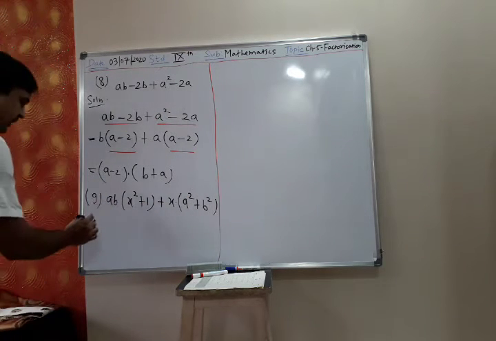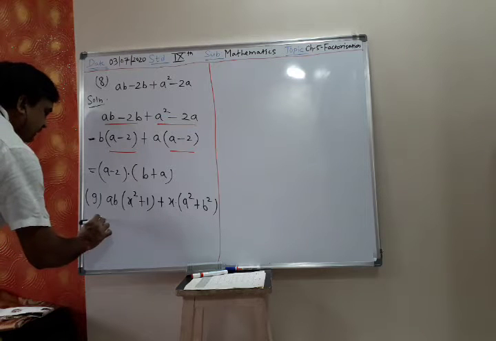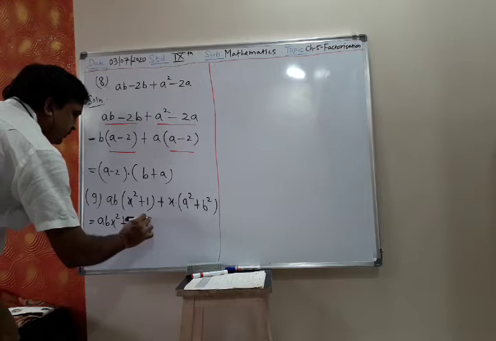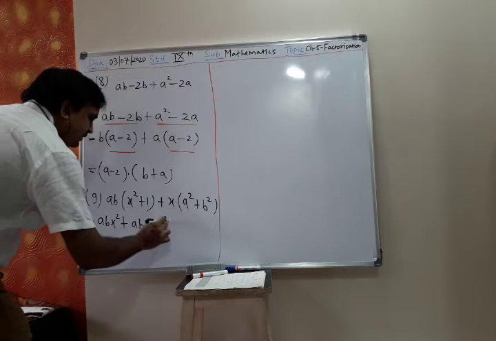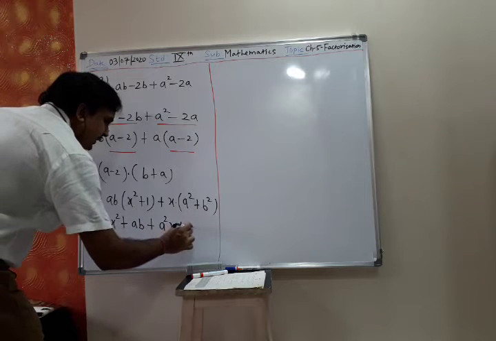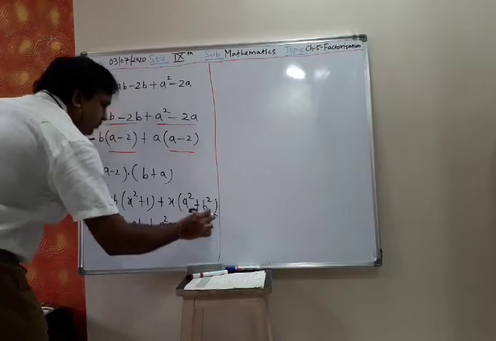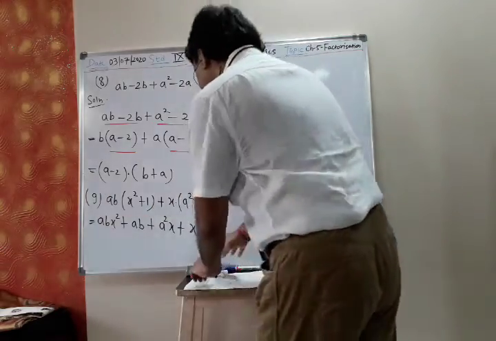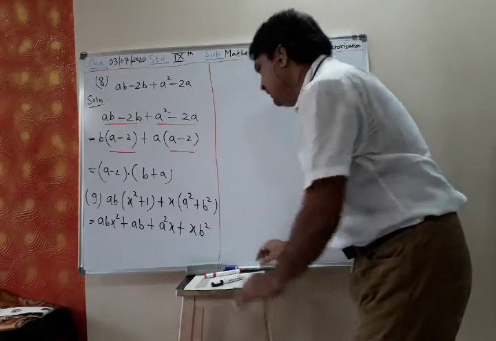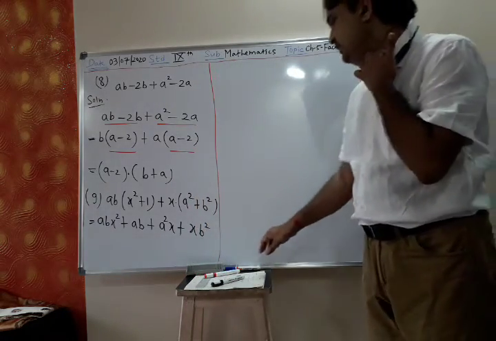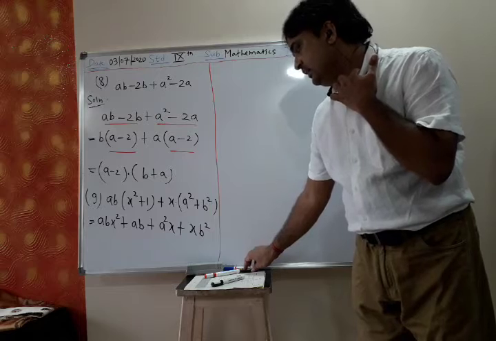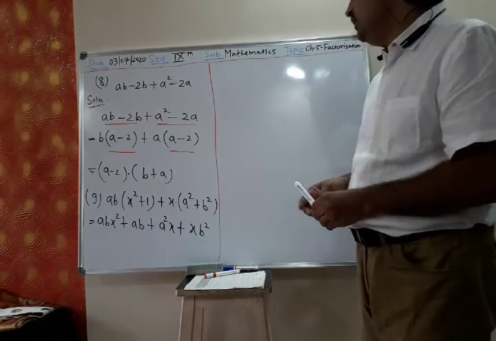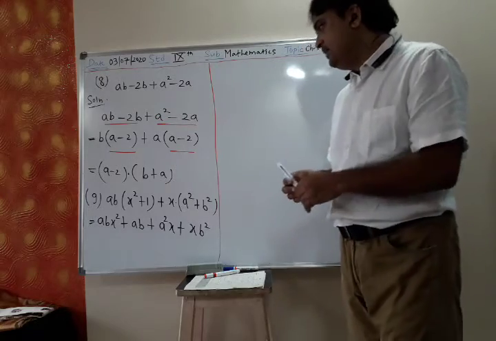So I will open the bracket and simplify: AB x square plus AB plus A square x plus x B square. You can write xB square or B square x, it does not matter.